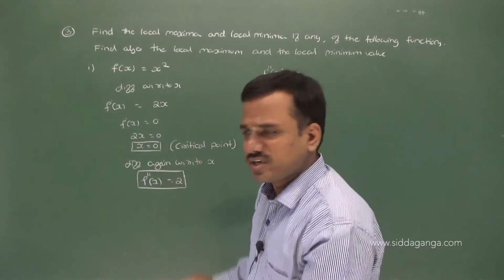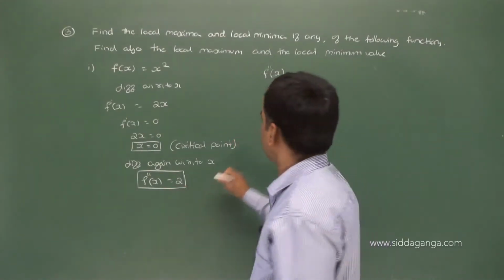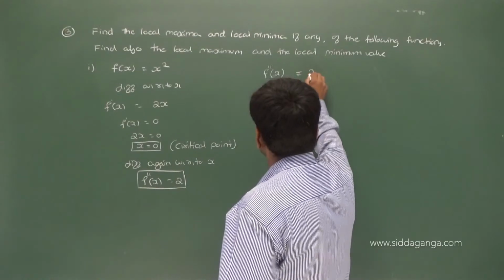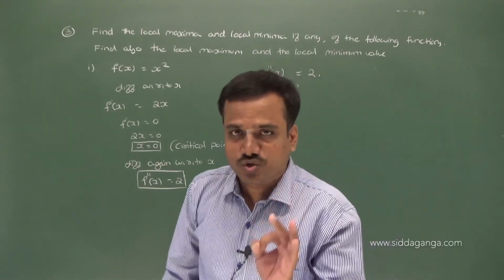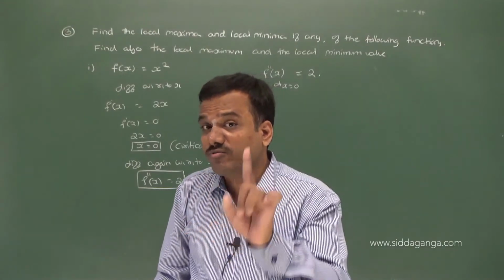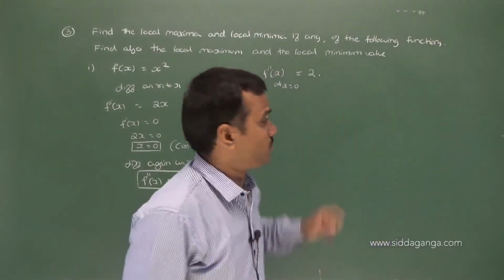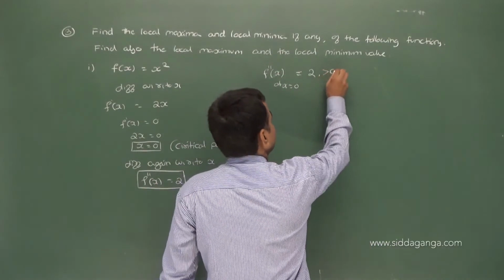Wherever x is present in f double dash of x, substitute 0. It is a constant function, it is 2. So we don't want the value, we want the sign, whether it is positive or negative. It is positive, greater than 0.